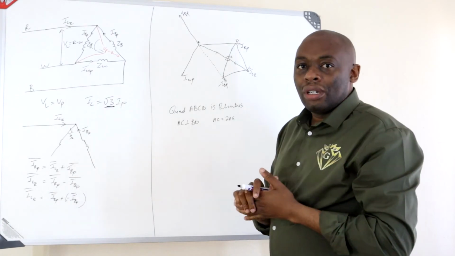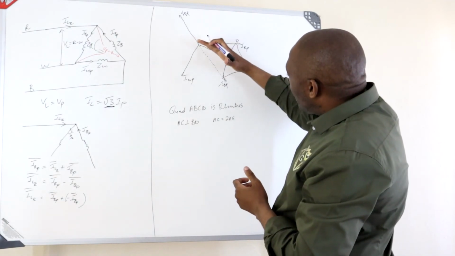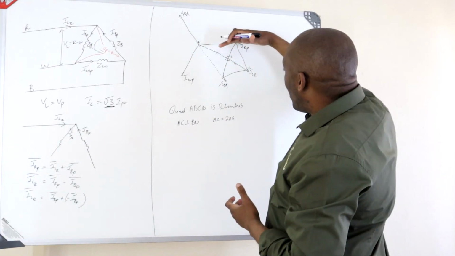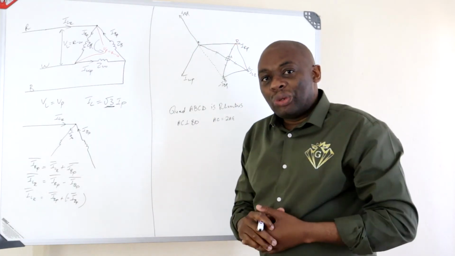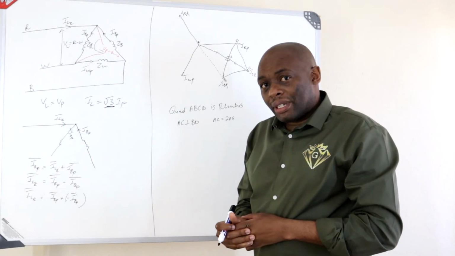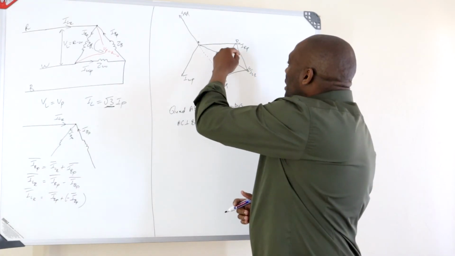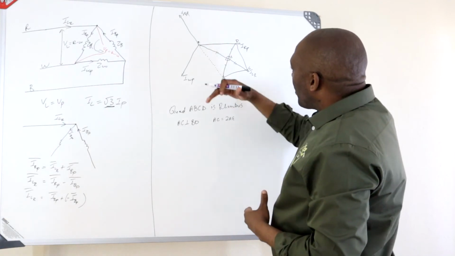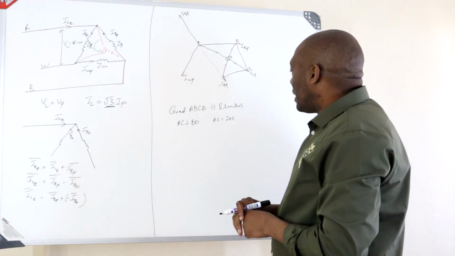That's why it is 2AE. Remember that this is our line current and this is our phase current, and we are applying engineering knowledge to establish the relationship between our line current and our phase current.